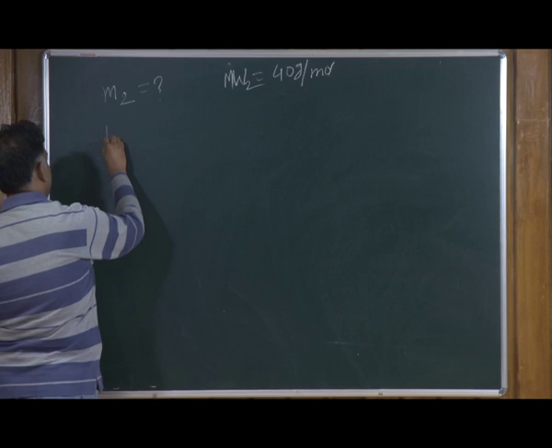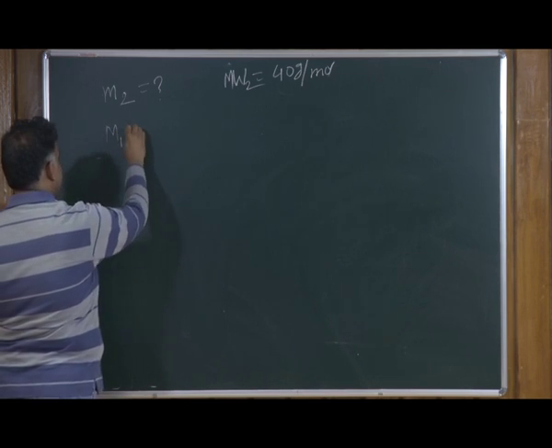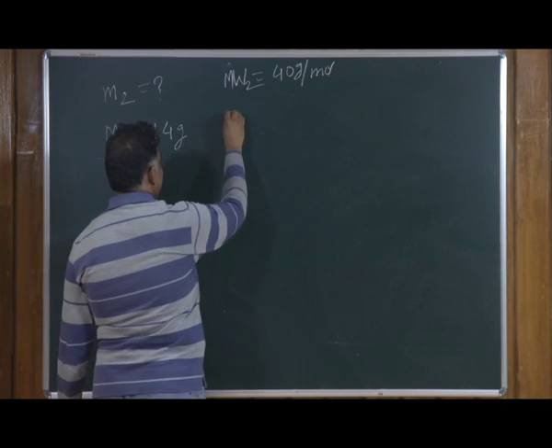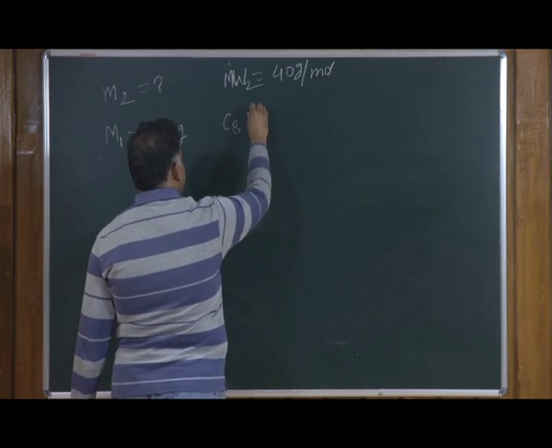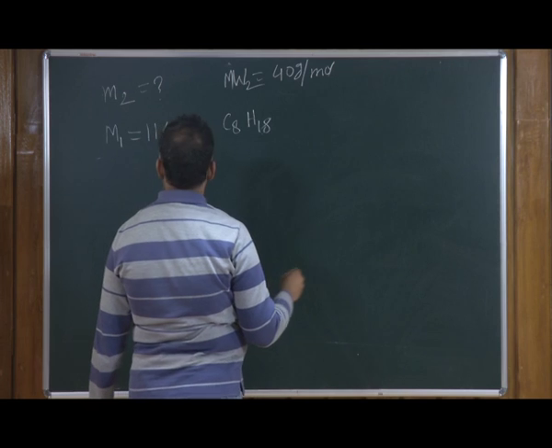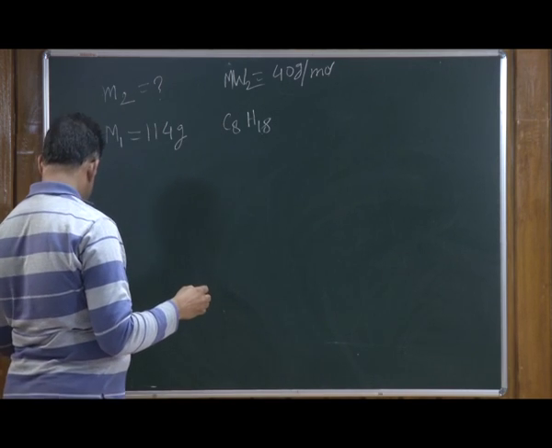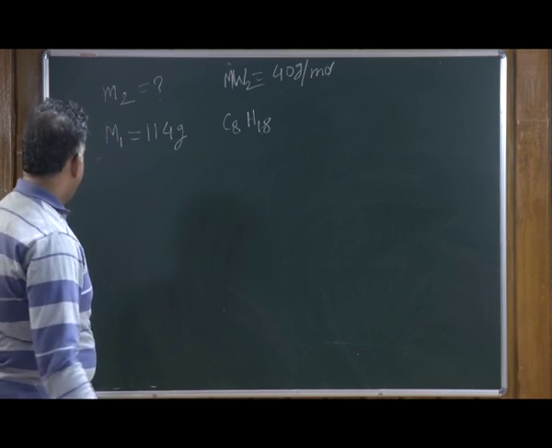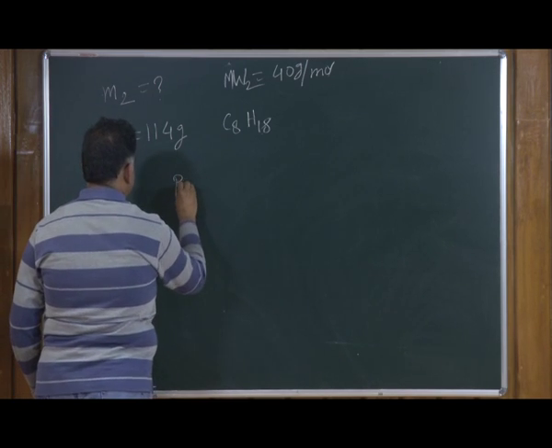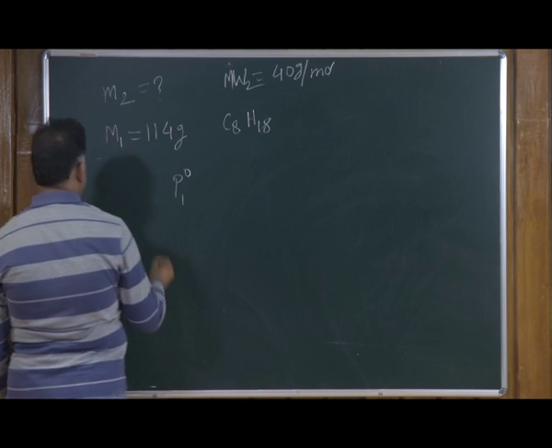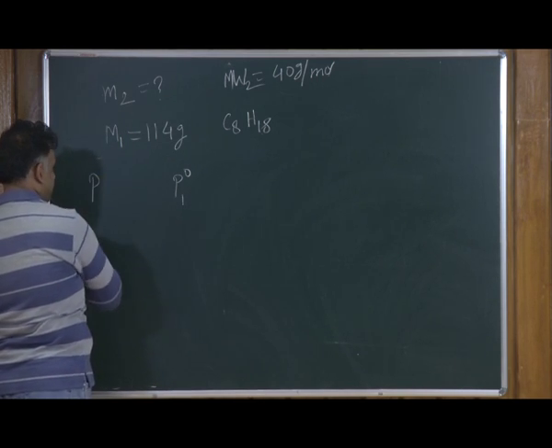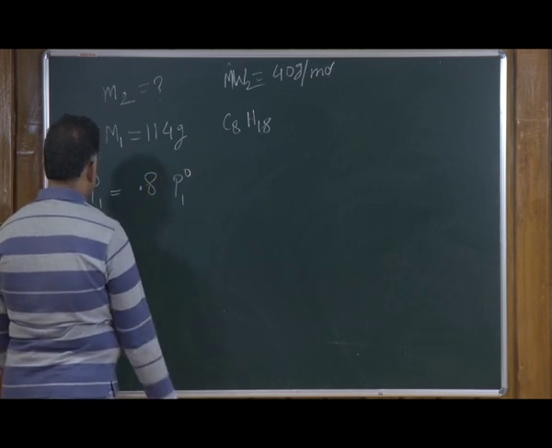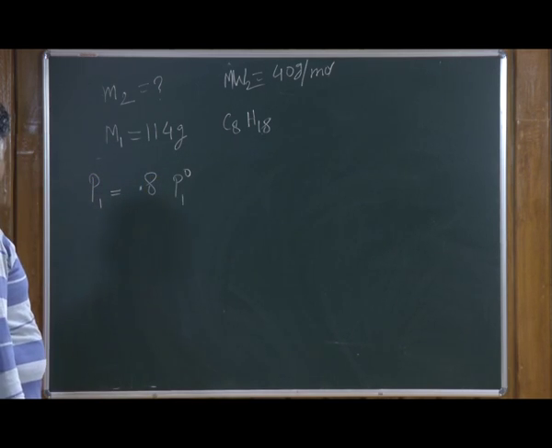So, mass of solvent is 114 gram and the solvent is octane, that is C8H18. And to reduce the vapor pressure to 80%. So, if the original vapor pressure of octane is P1 naught, then the vapor pressure of solution should be 80% of that. So, this is the information given to us.